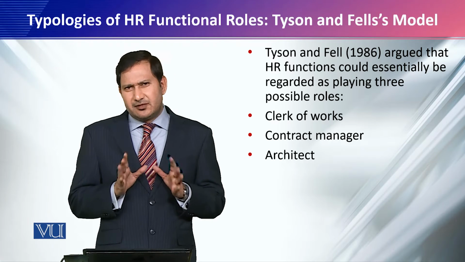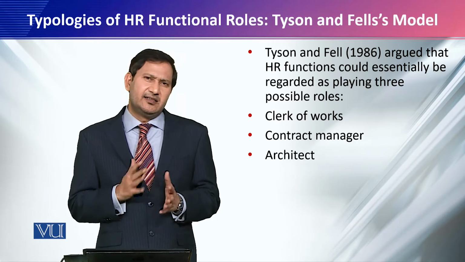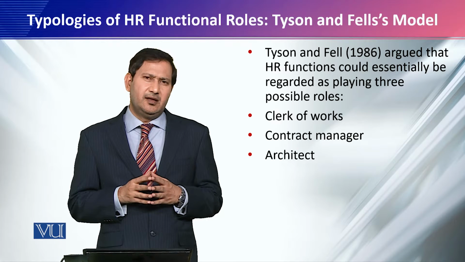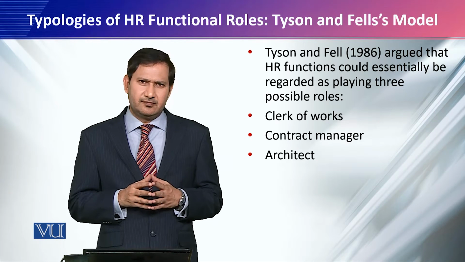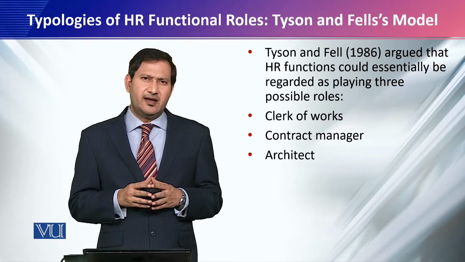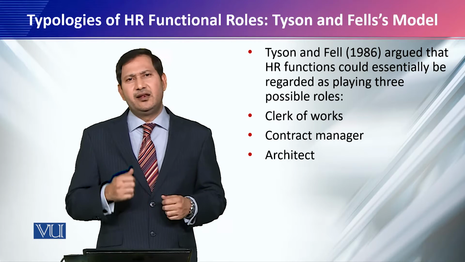You might find some similarities between Tyson and Fell's 1986 model and Leahy's 1978 model. At the end of the day, as I said before, this is what HR professionals do, or how they behave in an organization.